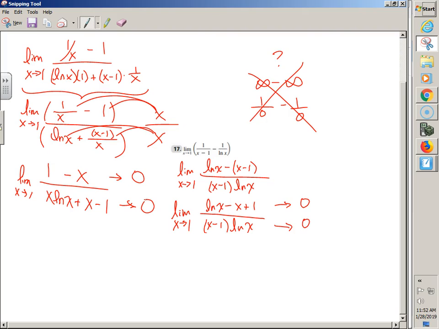I'm going to go again. Ah, and see? There's hope, because now it's not a 0. Anyway, I have to keep going. Product rule. So I did product rule again.